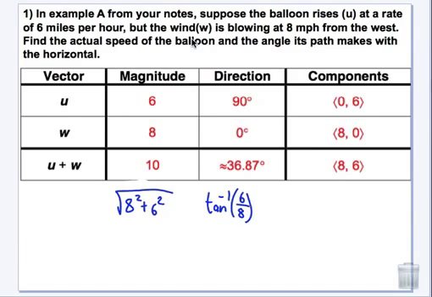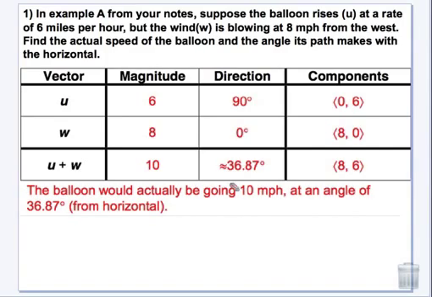Okay, so what does this information tell us? This information tells us that the balloon is actually going to be traveling at 10 miles per hour at an angle of 36.9 degrees from the horizontal. So this resultant just tells us how fast the balloon is traveling and where it's going.